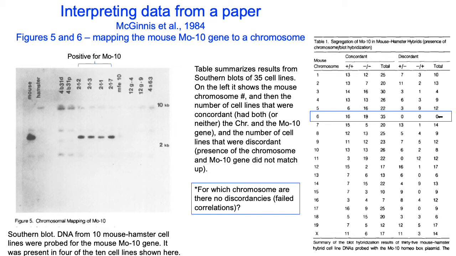That means there's no failed correlations. And for every other chromosome, there is at least one discordancy, which means, right, a failure to match up the presence or absence of the mouse chromosome and the mouse 10 gene. So the mouse 10 gene was mapped to chromosome 6 in this particular study.